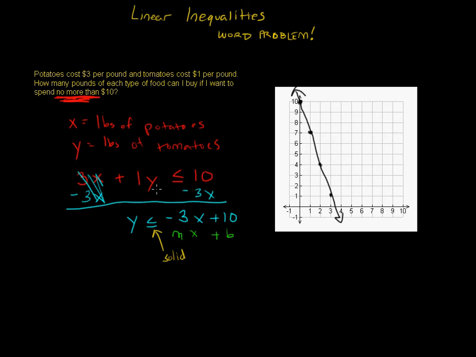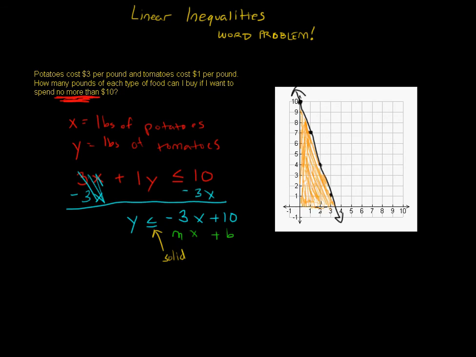So it says y is less than or equal to negative 3x plus 10, so I want to shade underneath the line. I'm going to shade in this triangle that's bounded by the x and y axis and by the line. I don't need to shade underneath the x and y axis because that would mean I buy negative tomatoes and negative potatoes, and I don't really think there's any antimatter potatoes and tomatoes lying around.